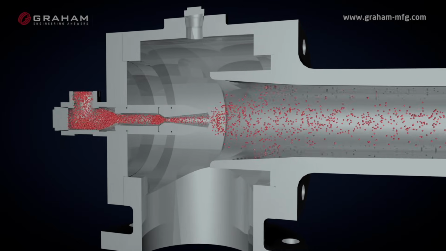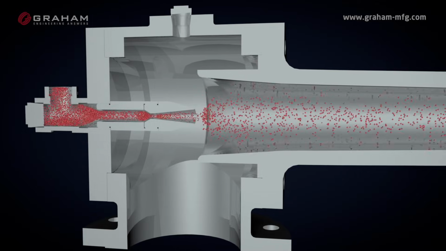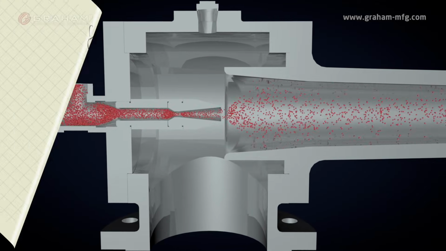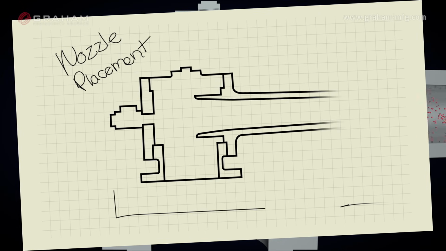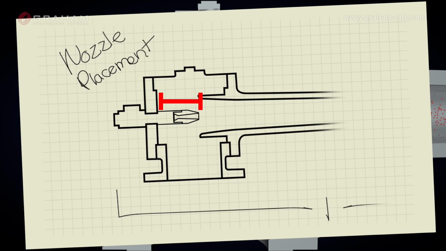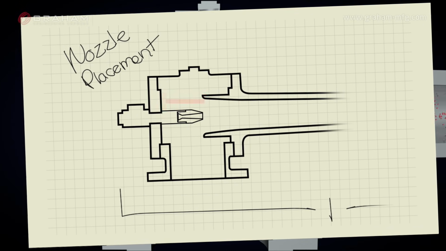The motive gas actually expands to a pressure slightly less than the suction load pressure. That creates a localized low-pressure region, which draws in the suction load vapor. The design and location of the motive nozzle is set by the manufacturer for your specific operating conditions and plays an essential part in ejector performance.